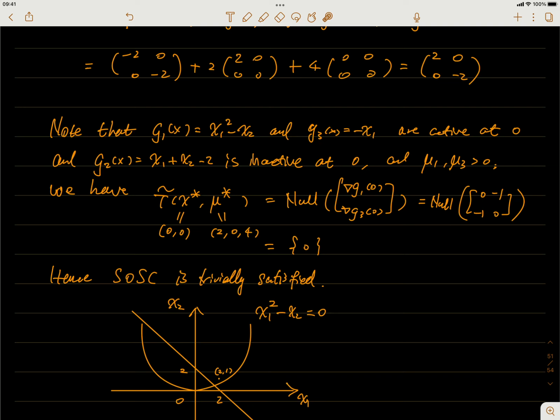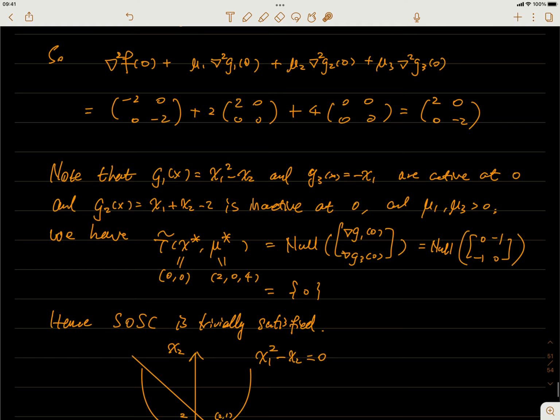Okay, so that means if you're going to choose any y from this T tilde, the only choice is y equals 0. Then you multiply that to both sides. Well, you don't need to do that anymore. You cannot find any non-zero vector from this set.